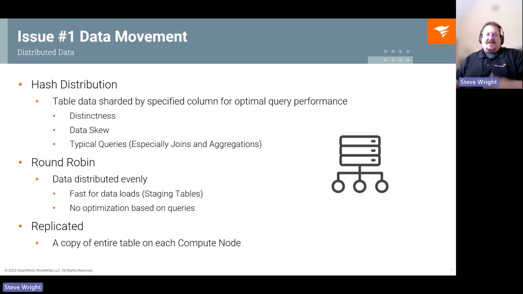So understanding the workload ultimately, and how that data is joined and aggregated, plays probably the most important role in how you're going to choose to distribute that data.